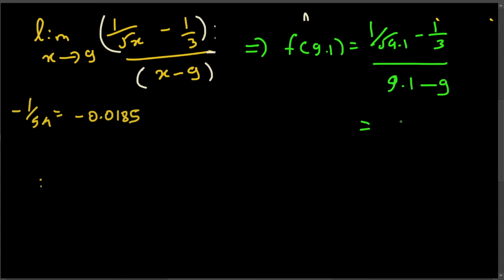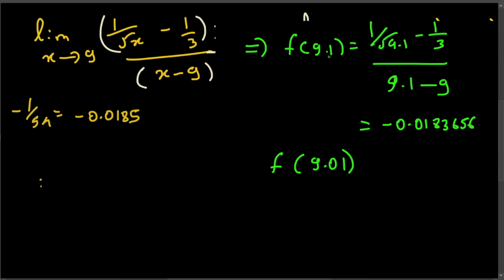And if you plug it in the calculator and calculate this one, you're going to get negative 0.0183656. Now to get a more accurate answer, you can get a value that's even closer to 9. Okay, 9.01.